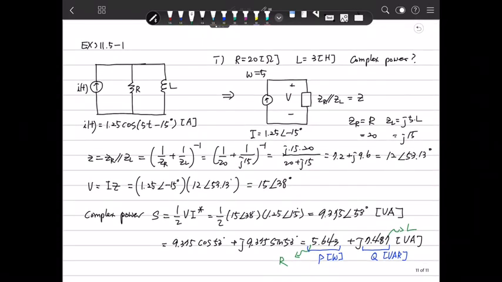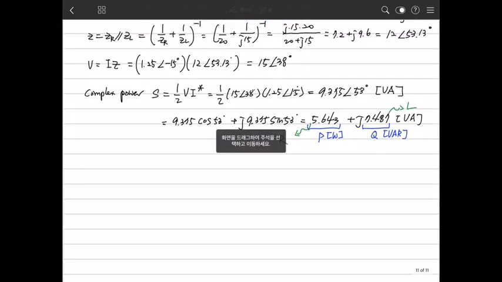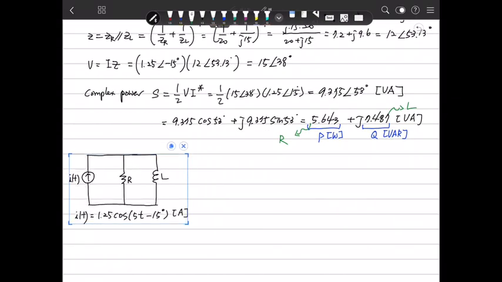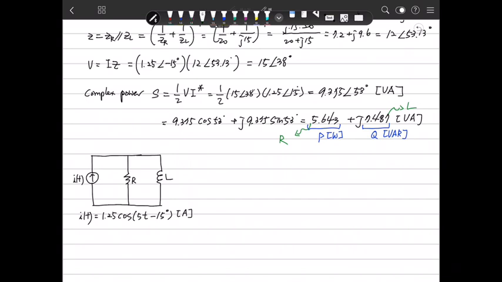And the second problem is a little different. In this case we have complex power 11.72 plus j11.72. And to generate complex power in this way, we need to determine R and L values.